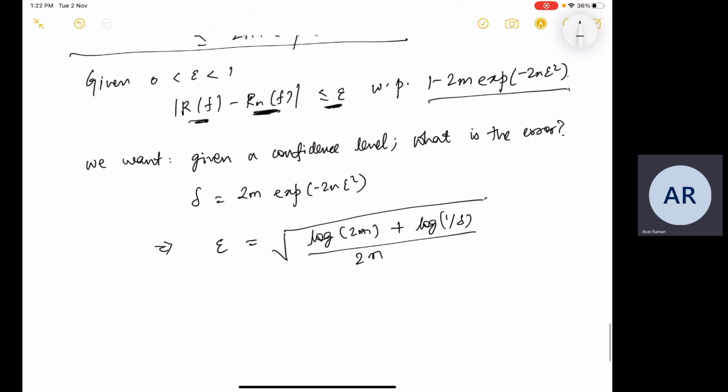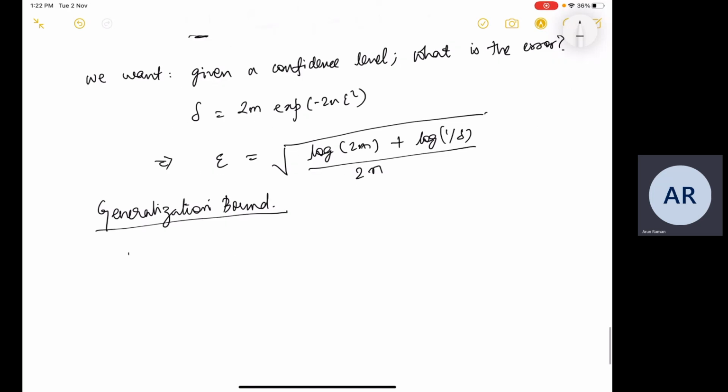Okay, so this is also called the generalization bound.